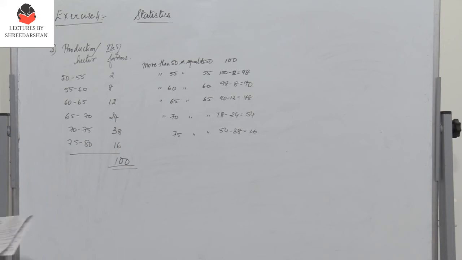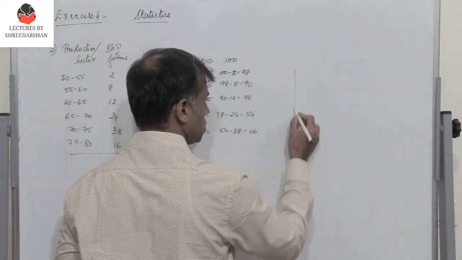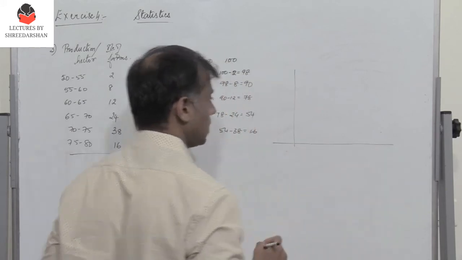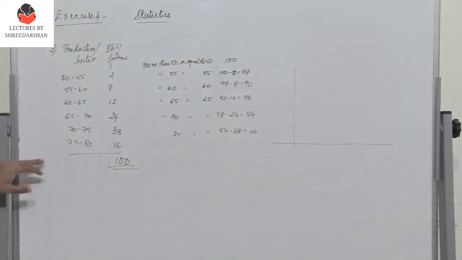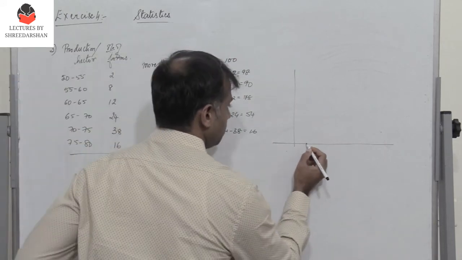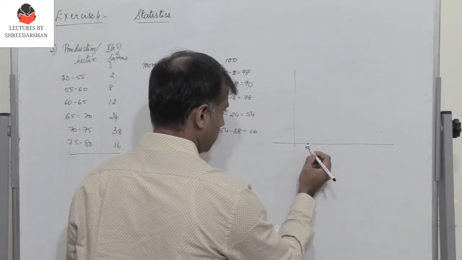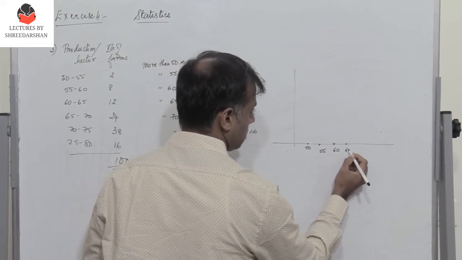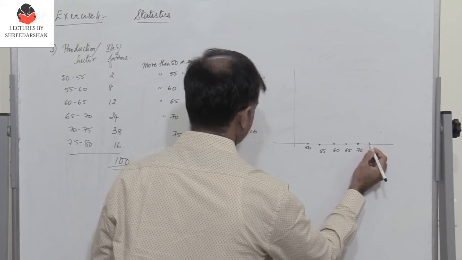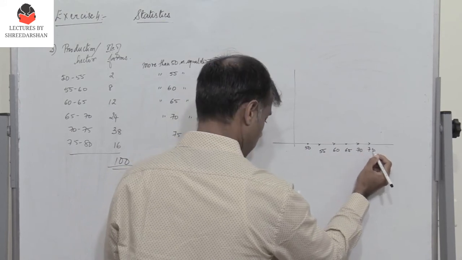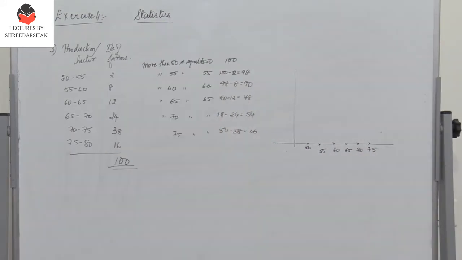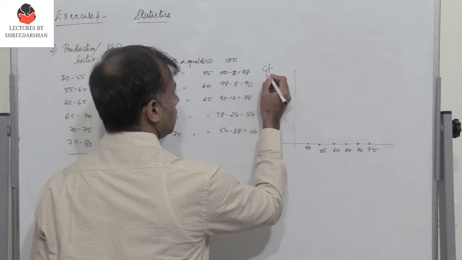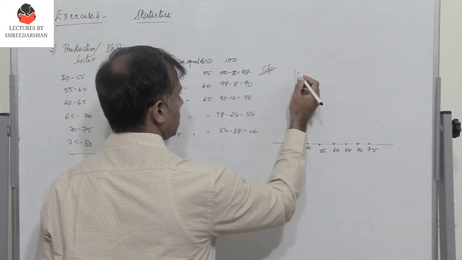So therefore, again to draw the distribution, along the x-axis I consider the upper limit of the production. So I have 50, 55, then 60, 65, 70, and then 75. So here we find the cumulative frequency distribution, right?